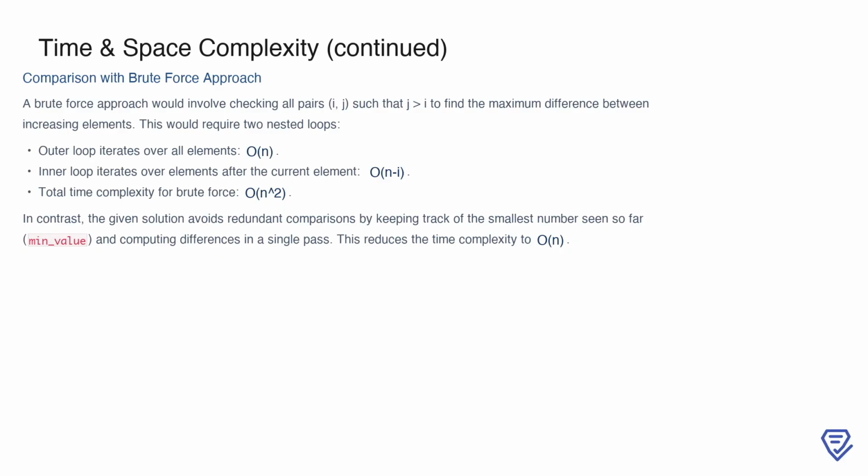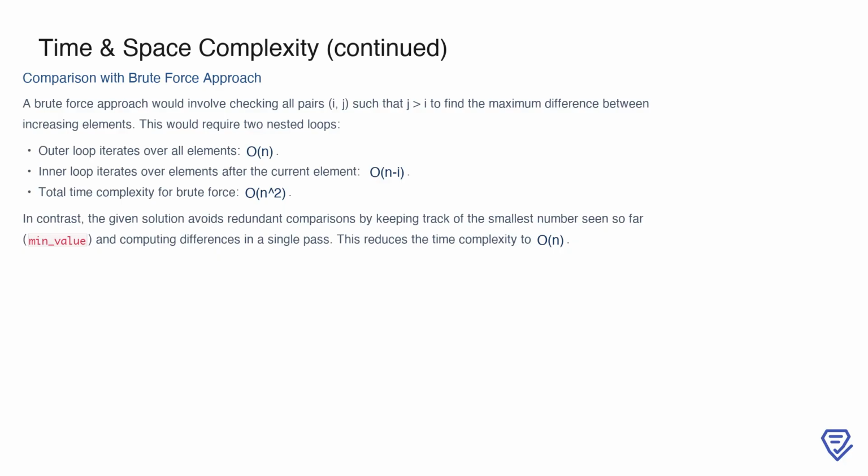To understand the efficiency of this solution, it's helpful to compare it with the brute force approach. In a brute force method, we would check all possible pairs of elements (i, j), where j is greater than i, to find the maximum difference between increasing elements. This involves two nested loops, the outer loop iterating over all elements of the array, which is O(n), and the inner loop iterating over the remaining elements after the current element, which is O(n-i).